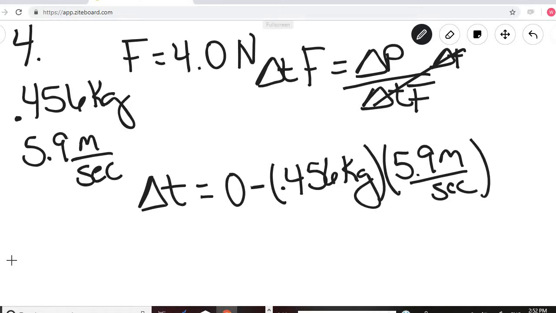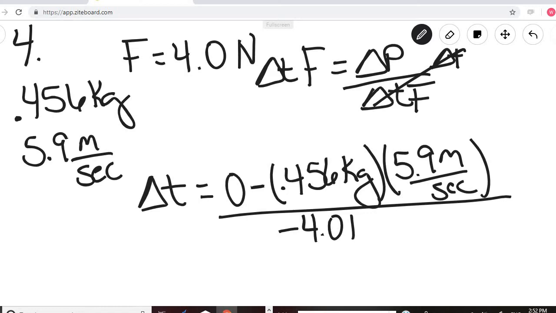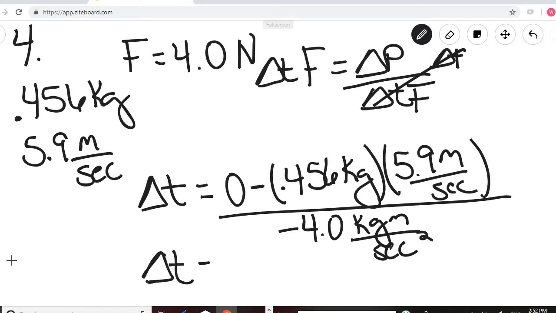And then we will divide that by the force. In this case, we know that the tree is exerting the force, so it's going to be in the opposite direction of 4.0 newtons, or I'll go ahead and write 4.0 kilogram meters per second squared. So this is going to be negative divided by negative, which will give us a positive value for time.